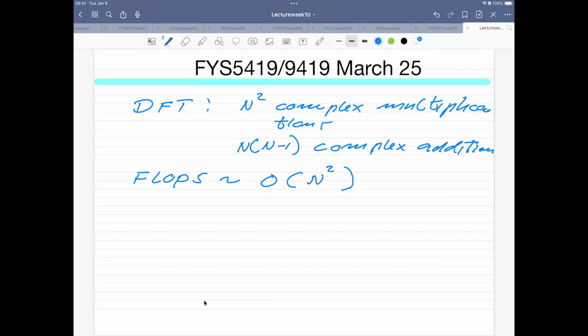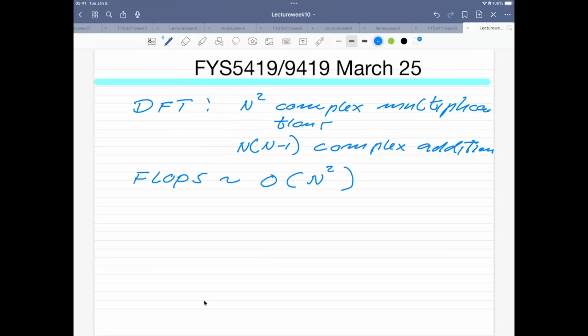So if you compare with the real floating point multiplications, you have to multiply this number with a factor of 6 to 8. And you have to multiply this number with a factor of 2. But what you have is just some constant alpha times n squared. So n squared is the dominating number here, okay?